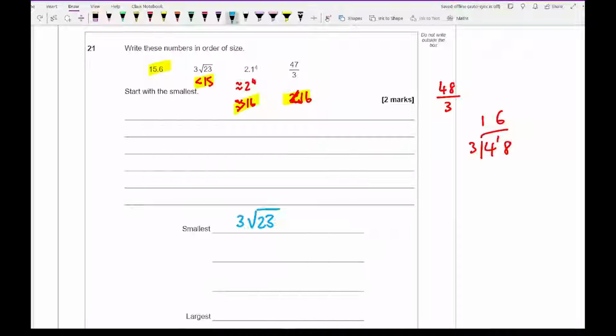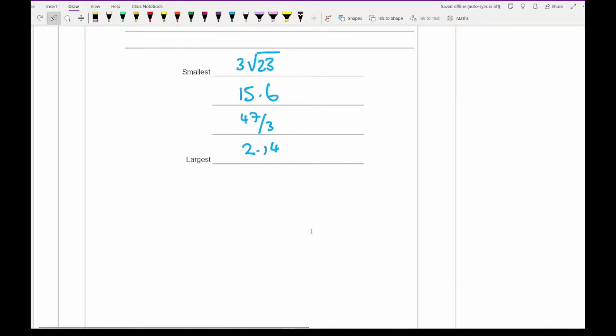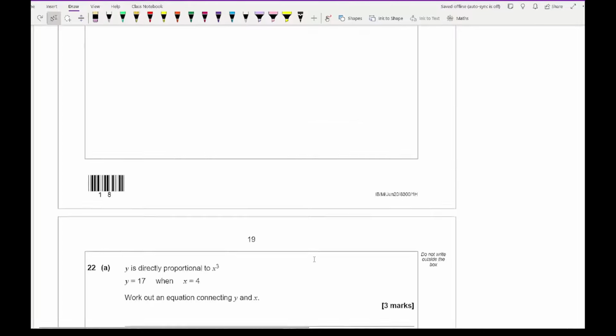Our next smallest is going to be 15.6. Our next smallest is going to be 47 over 3. And then the biggest number out of all of those is going to be 2.1 to the power of 4. Just make sure that your 4 doesn't look like 2.14, so just make sure it does look like a power.